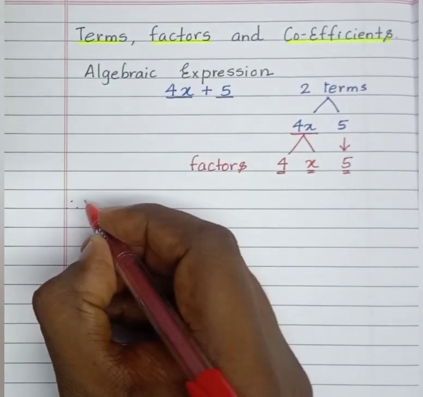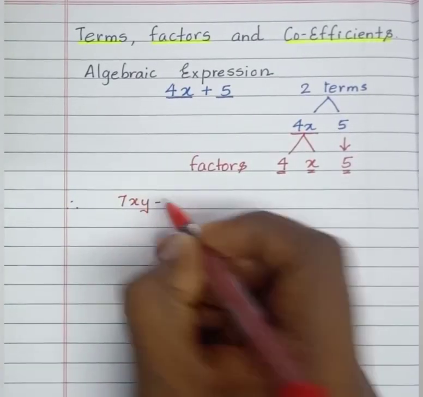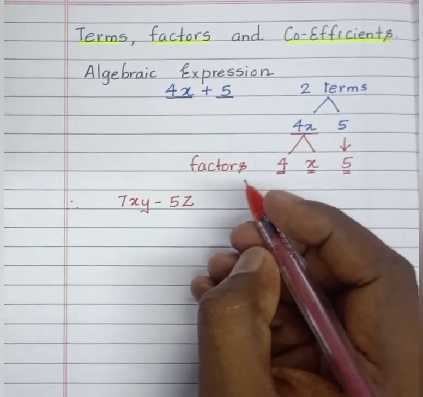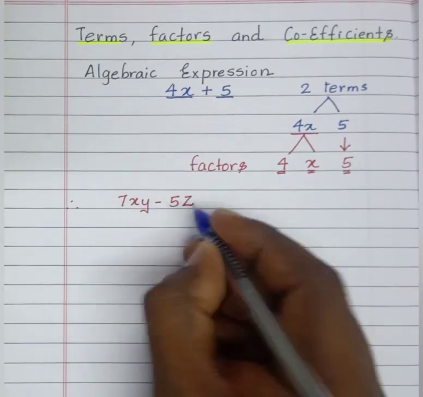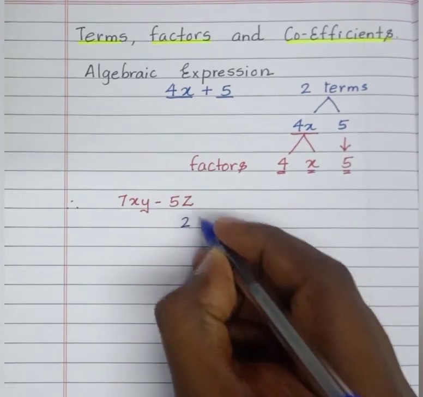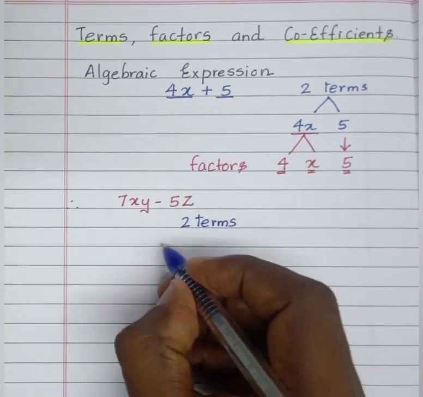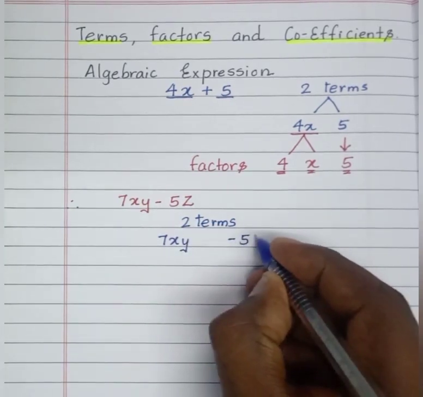Now let me take one more example. 7xy minus 5z. This is an example of an algebraic expression. Again, how many terms does it have? It has two terms. What are those terms? The terms are 7xy and minus 5z.